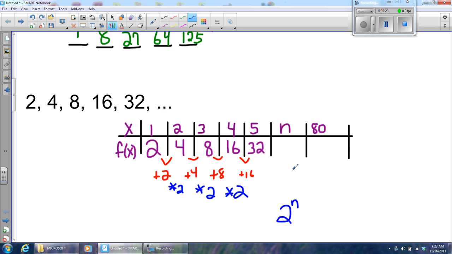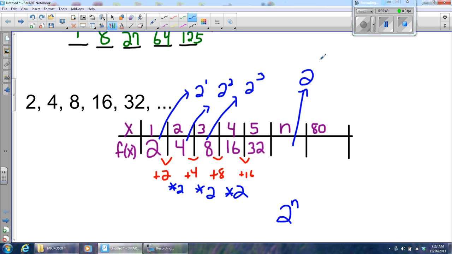I can prove it to you another way. Can't I think about 2 as 2 to the first power? And then 4 could be thought of as 2 to the second power. And 8 would be 2 to the third, right? And then 16 is 2 to the fourth, and 32 is 2 to the fifth. What would this one be? Well, wouldn't it be 2 to the power n, right?